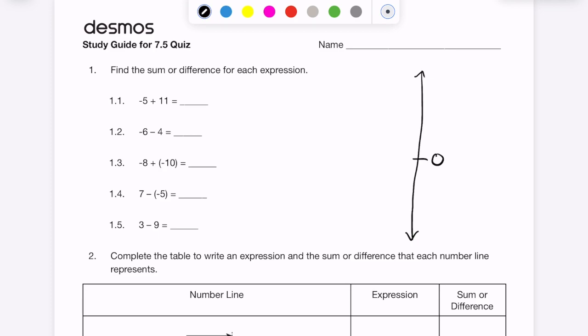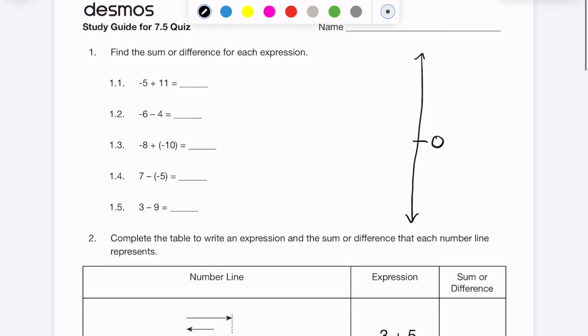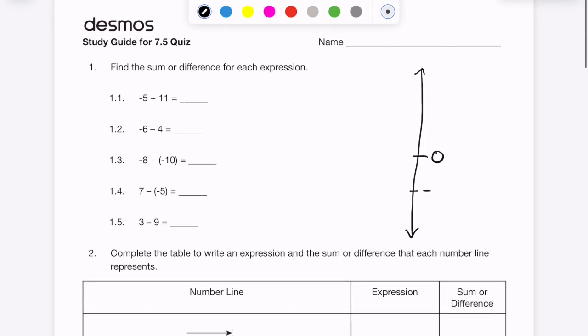You are going to be able to have access to a number line that goes from negative 10 to positive 10 for the quiz, but you can also always draw out a number line, and that's what I recommend you do. For the first one, we are starting at negative 5, and then our change is that I'm adding positive 11, so I'm going to go up 11.